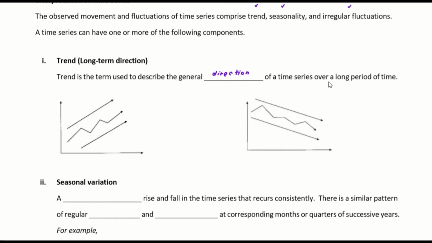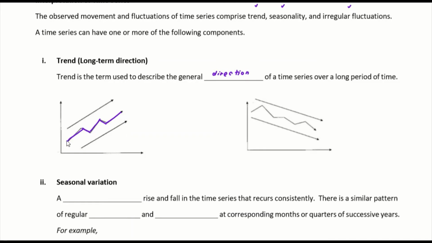Why is this important? Because when we look at this data in the short term, you will realize that there's actually increase, decrease, increase, decrease, and increase. But when we talk about the trend, we are talking about the general direction in the long term.